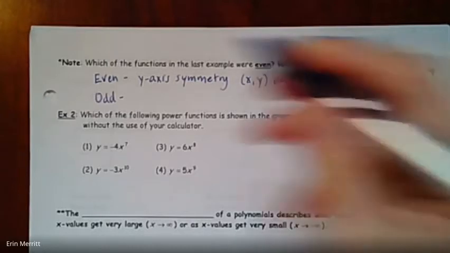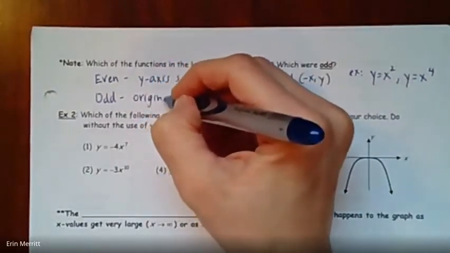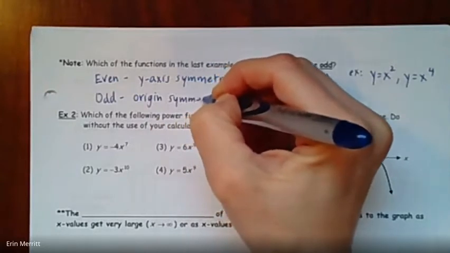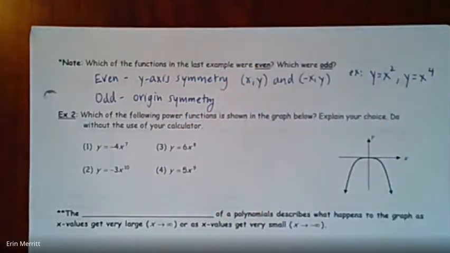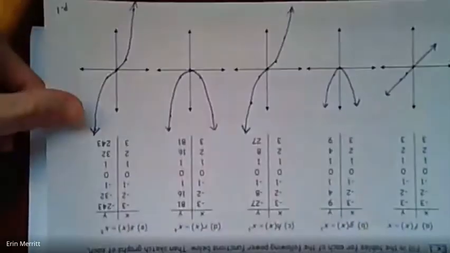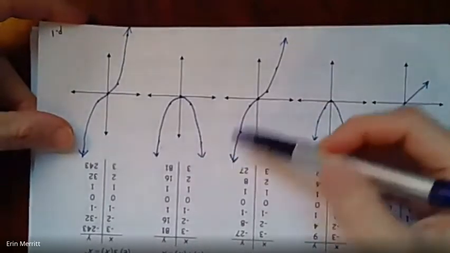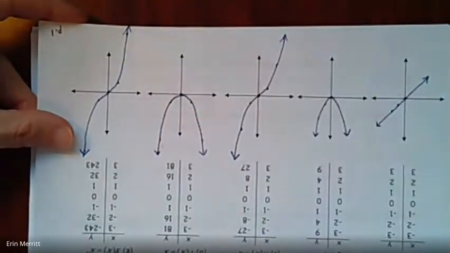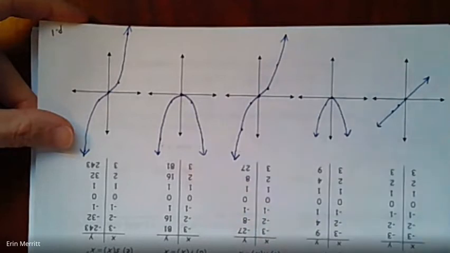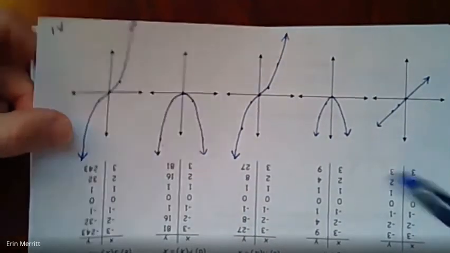As for odd functions, that was what was called origin symmetry. It's easy for me to show this because my paper is separated. So if I flip this thing upside down, it looks exactly the same for the odd functions upside down as it did right side up, whereas the even functions are literally upside down. All right.